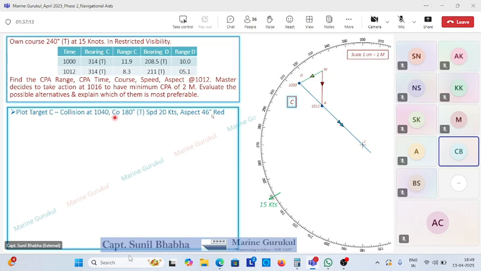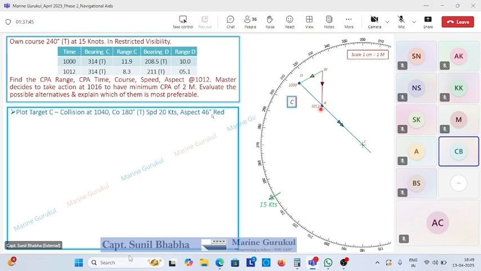The course of the target Charlie is 180 degrees true and the speed is 20 knots. WA distance has been covered by the target in 12 minutes, so interpolating for 1 hour, we get the speed as 20 knots. We also obtain the aspect. The aspect in this case is 46 degrees red. That means we are 46 degrees onto the port side of the target Charlie.